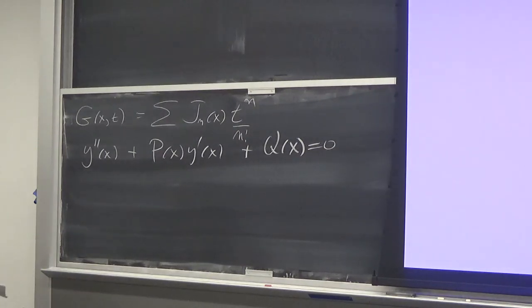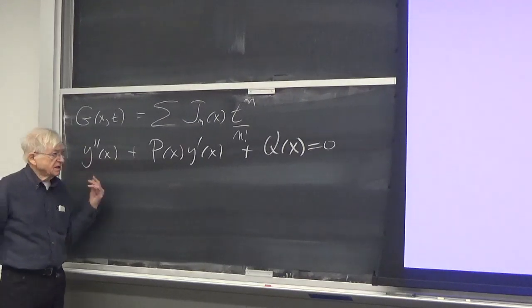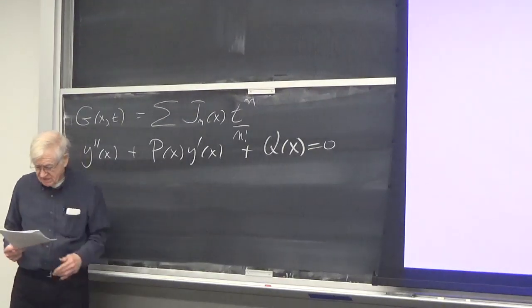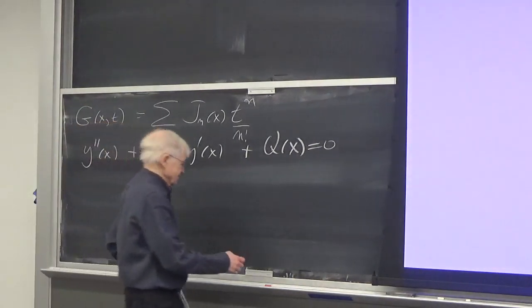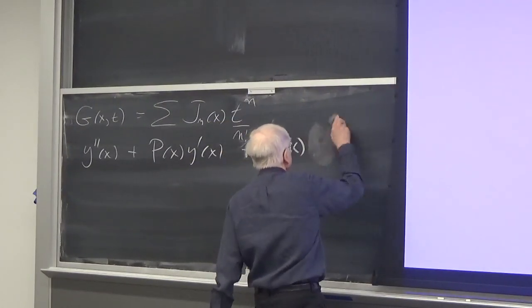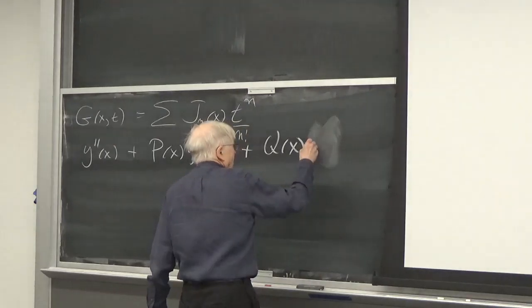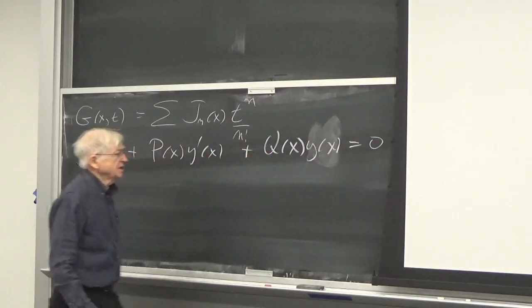Now, if y double prime is finite for all x, I'm sorry, not for all x, and I left something out. This is, of course, y of x, because this is a linear homogeneous equation.